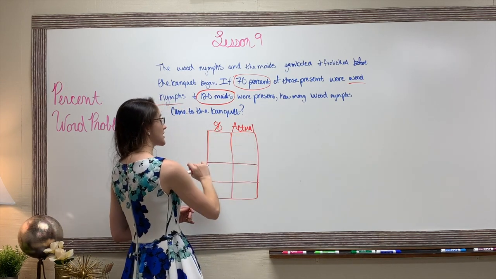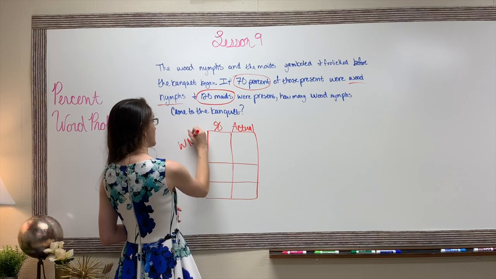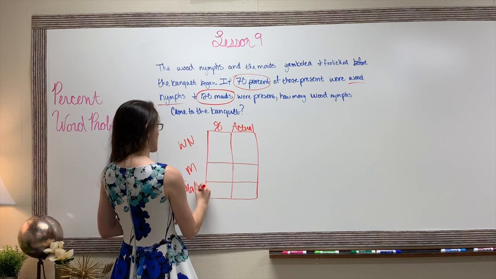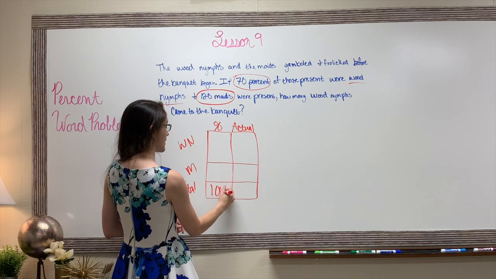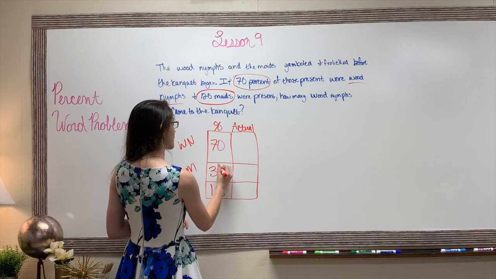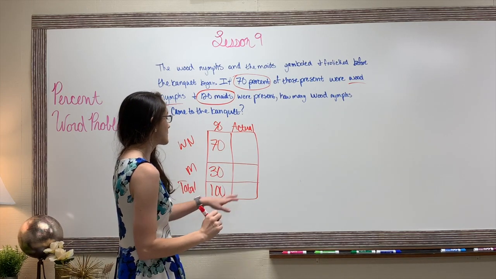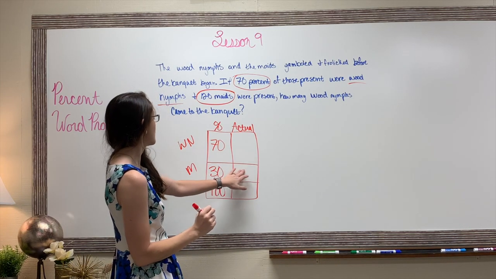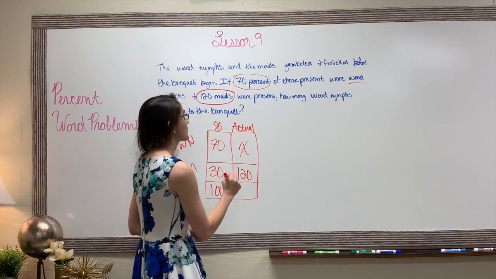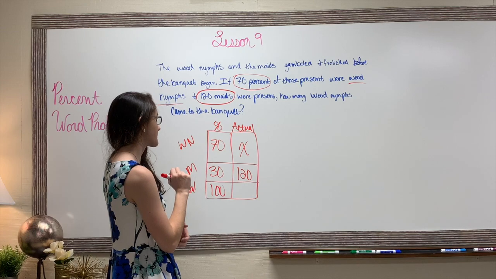So we have our percent and our actual. We have wood nymphs, maids, total. Our total percentage is always going to be 100. And then 70% were wood nymphs, which means 30 were maids. We don't know how many were there total. We do know 120 were maids, and we want to know how many wood nymphs were there.